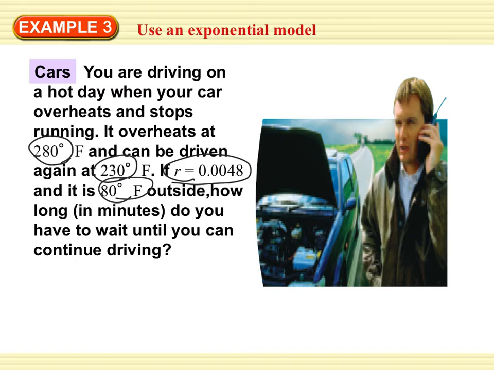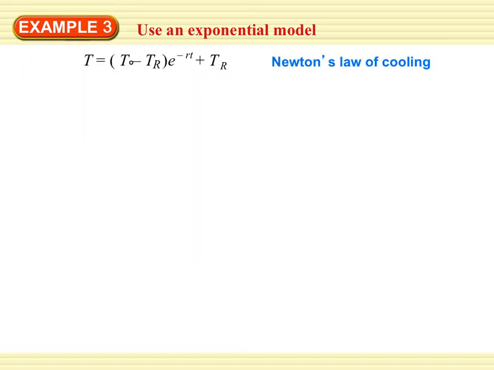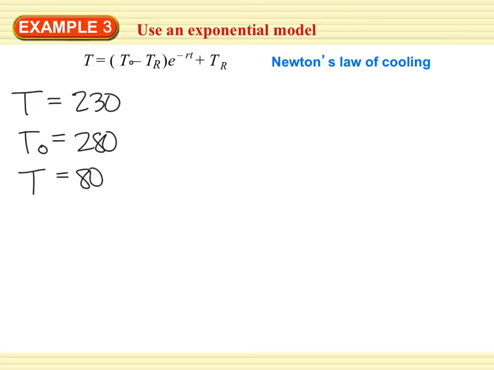Okay, let's grab our equation and plug in our knowns. Here is our equation. What do we know? I know that my T is 230 degrees because that's when I can start driving again. My T sub 0 is 280 degrees. That was my initial. Outside, it is 80 degrees.